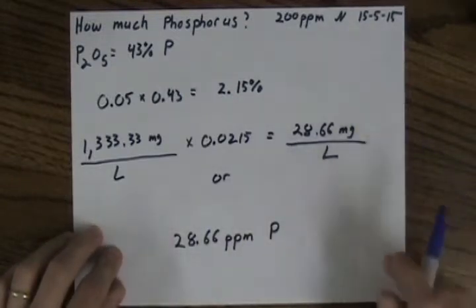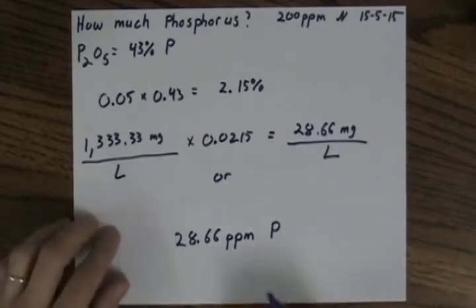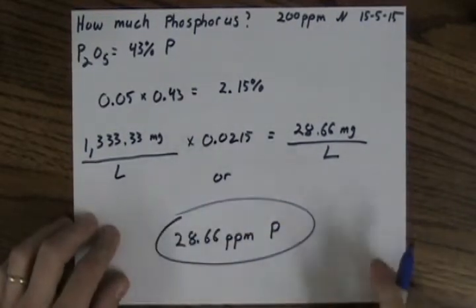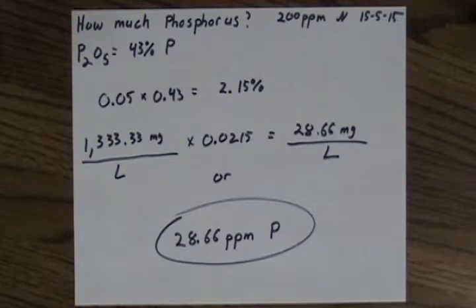Because milligrams per liter is the same as parts per million, we get 28.66 parts per million phosphorus from that calculation that we did earlier.